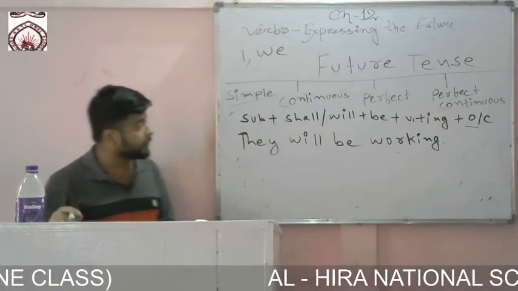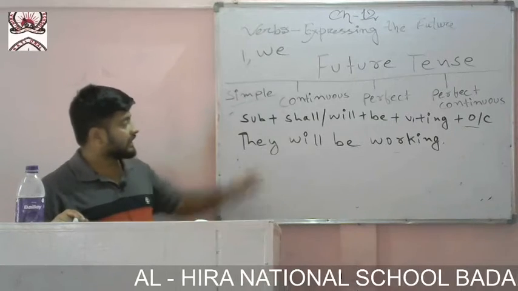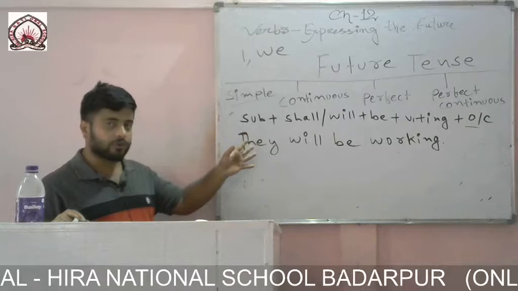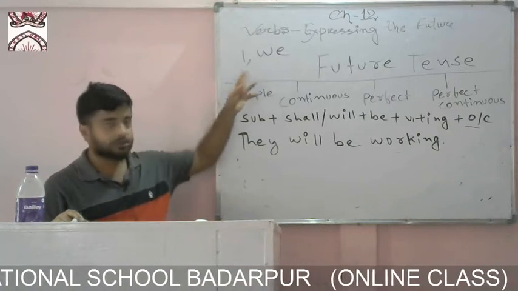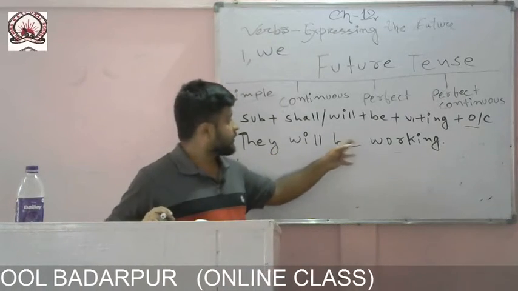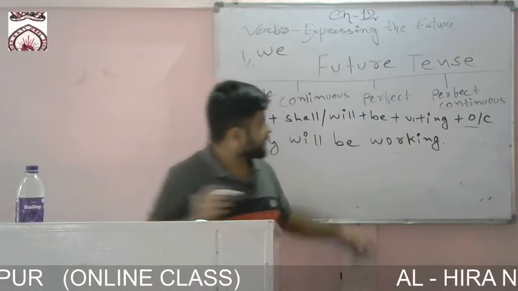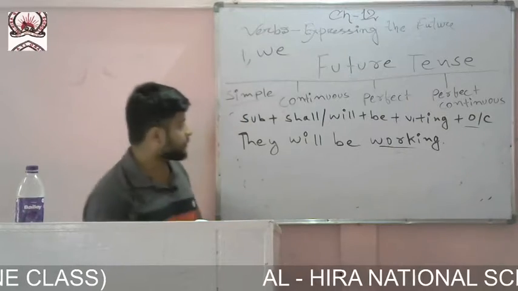Here the subject is they. I have told you twice or thrice that with I and we we have to write shall, otherwise will. Then after shall or will, be, then work is the verb and ing is there. So they will be working.